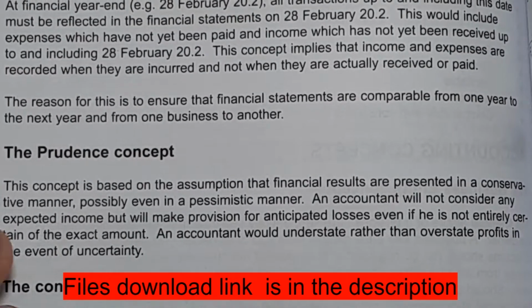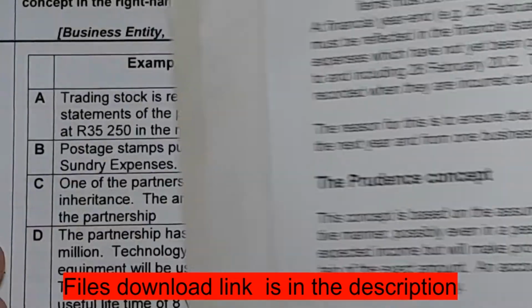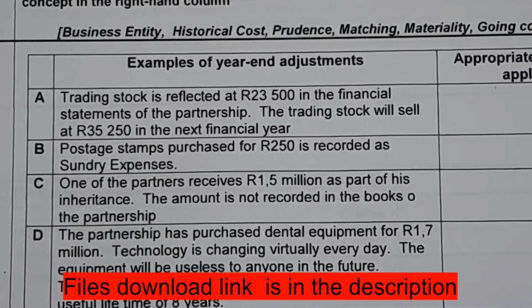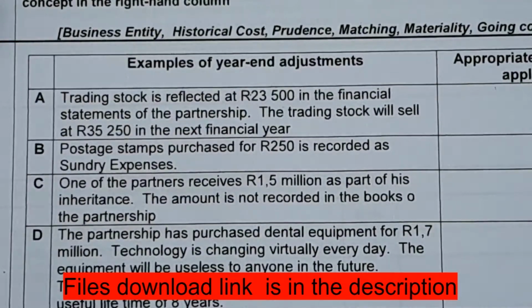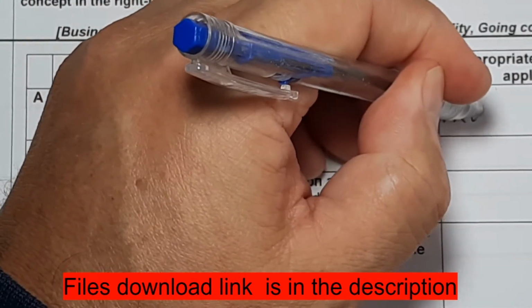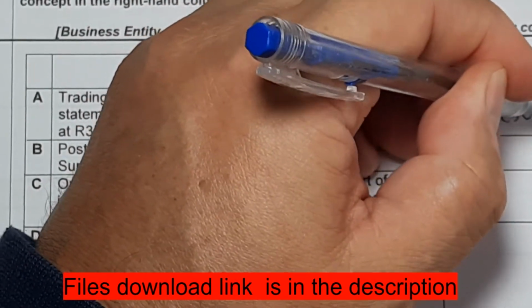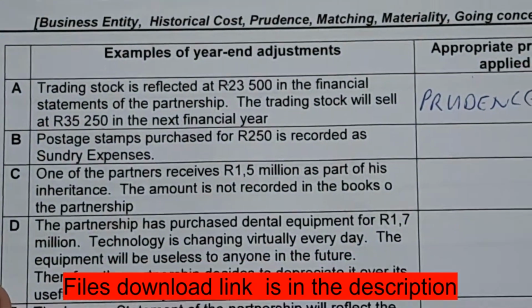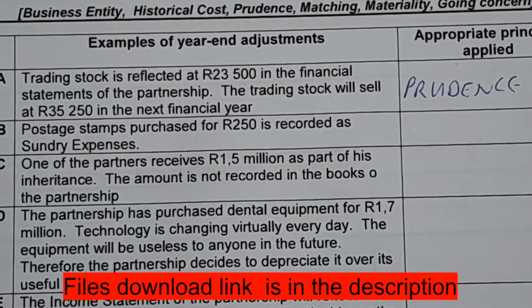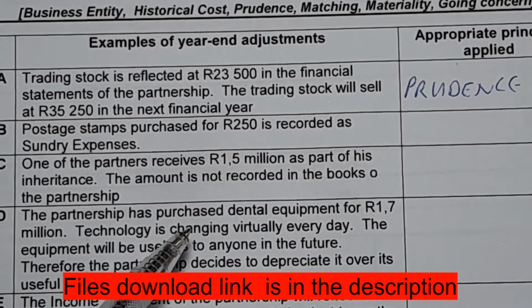So we're not going to consider next year's stuff. We're going to show it at this year. So we will show it at 23,500. That will be our Prudence Concept.